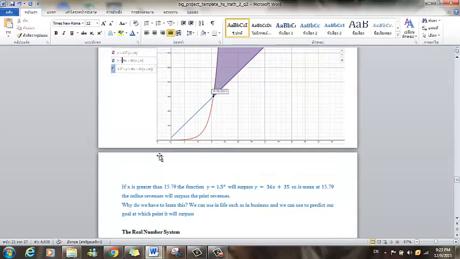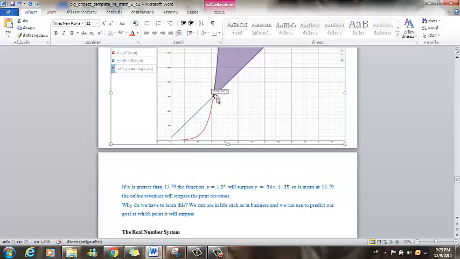And we get 15.79. So if x is greater than 15.79, the function y equal to 1.5x will surpass y equal to 36x plus 35. So it means at 50.29, the online revenue will surpass the print revenue.